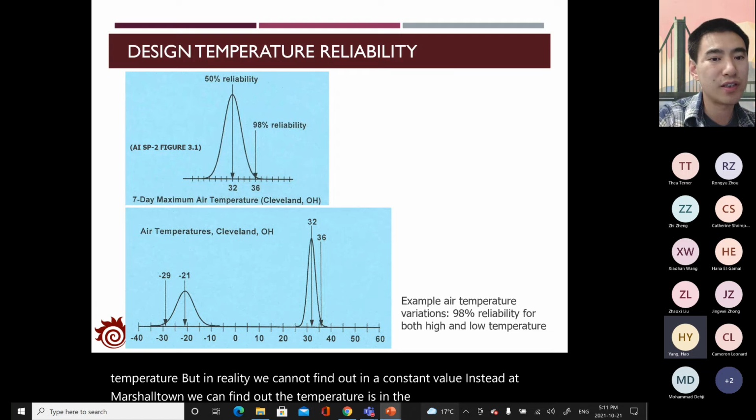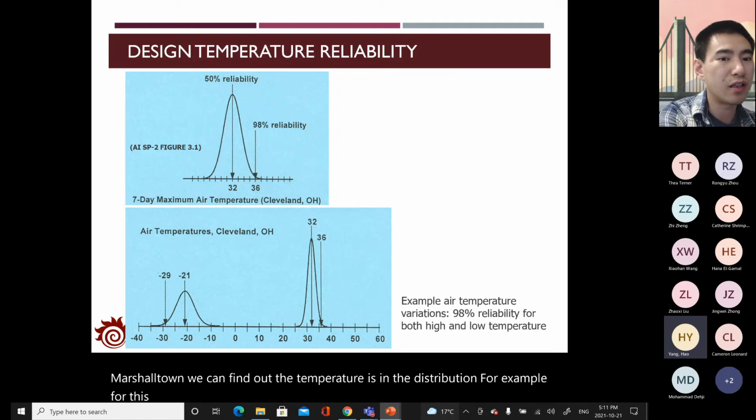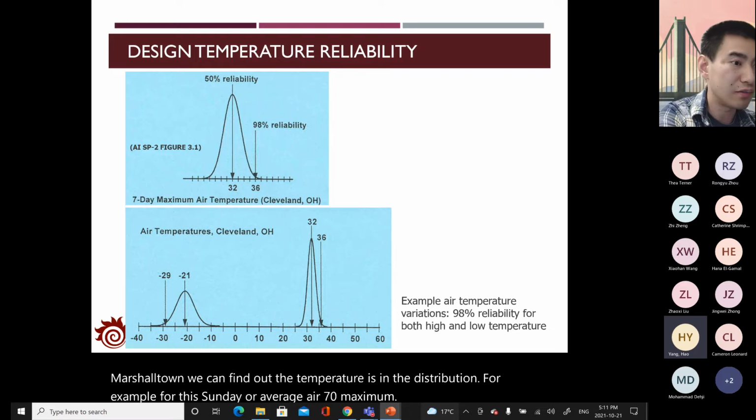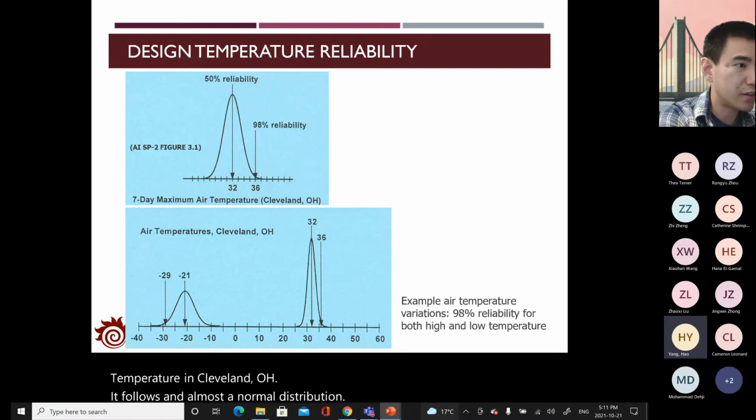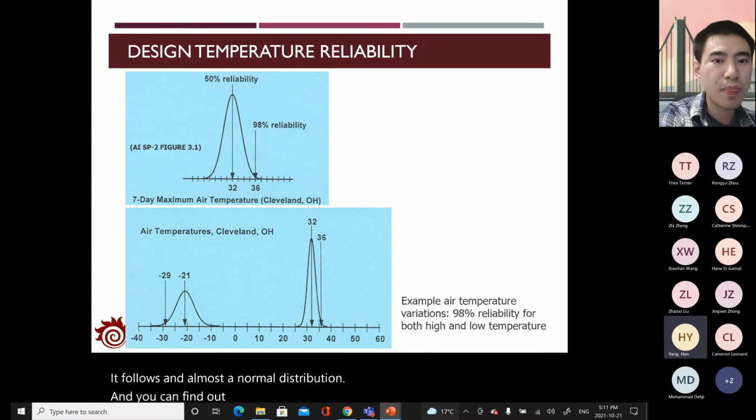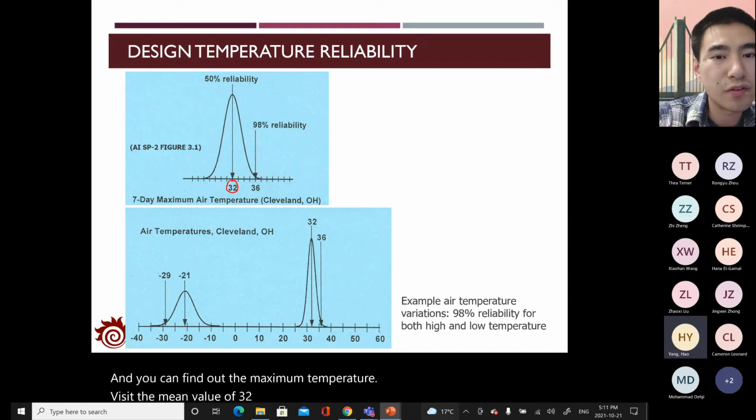For example, the 7-day maximum air temperature in Cleveland, Ohio follows an almost normal distribution, with a mean value of 32 degrees, and for 98% it is 36 degrees.